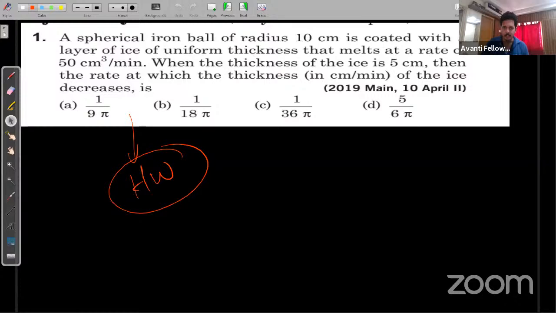Guys, has anyone tried it or not? This kind of question will be asked in JEE Mains. Good afternoon, Hari Prasad and Naika. Guys, try to stay active.